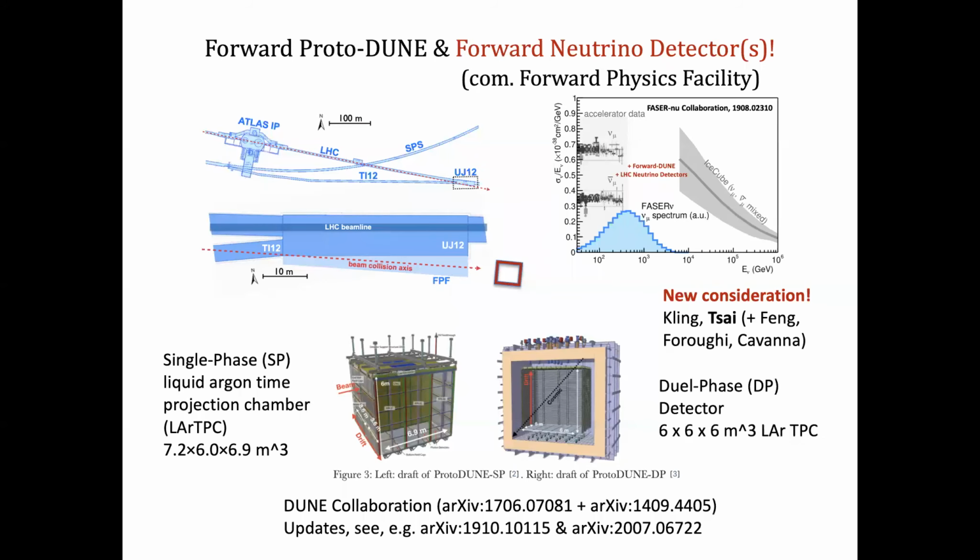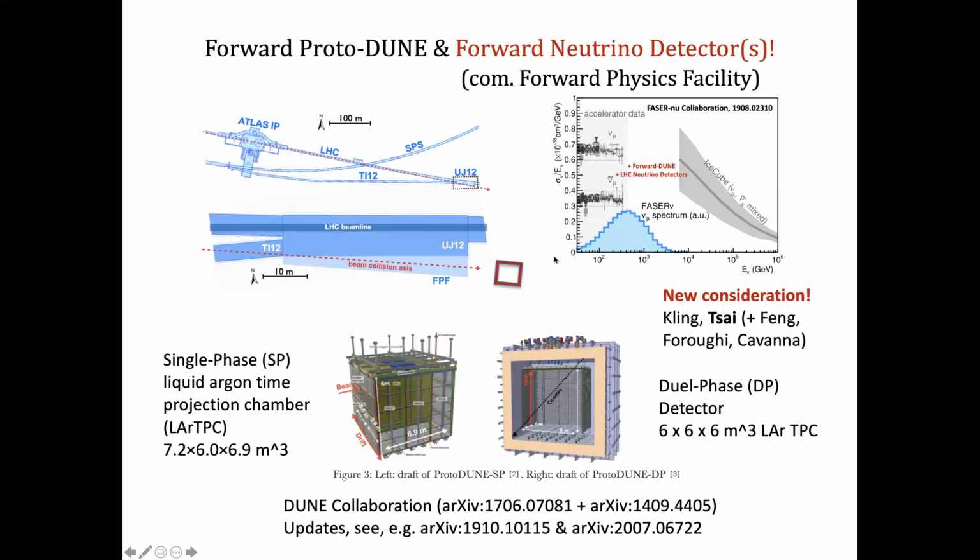So finally, you can also do neutrino experiments in the forward regime. And FASER-nu has done a lot of these. I'm not in the FASER-nu or FASER collaboration, but I joined the Forward Physics Facility discussion, where maybe you can propose a lot of experiments. One of the rather interesting proposals I suggested is that maybe we can put ProtoDUNE even further downstream of the FASER regime.